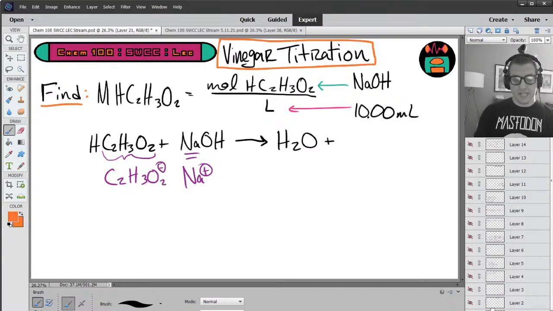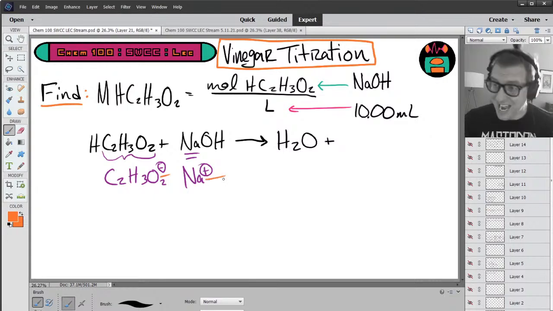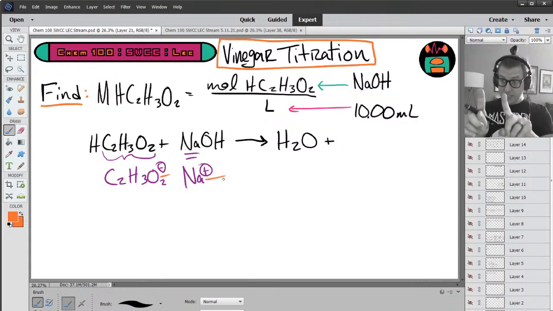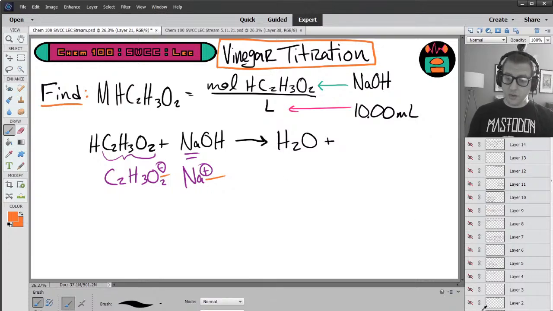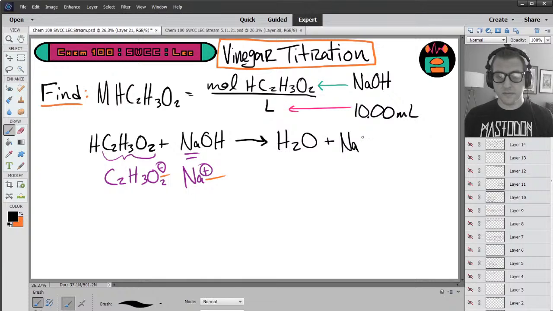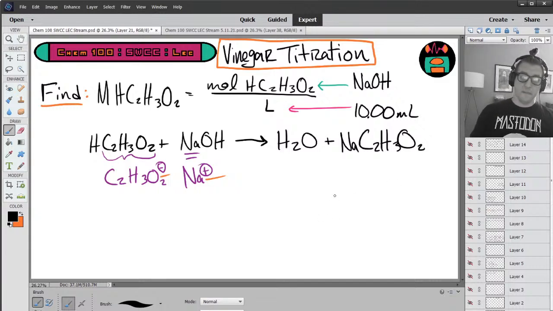Because we have an anionic charge of -1 and a cationic charge of +1, these are going to combine in a 1-to-1 ratio to make sodium acetate.